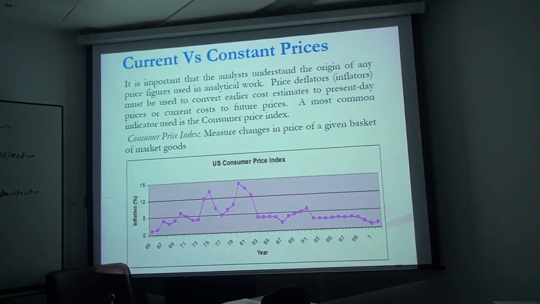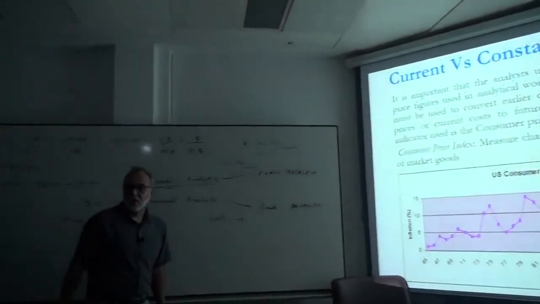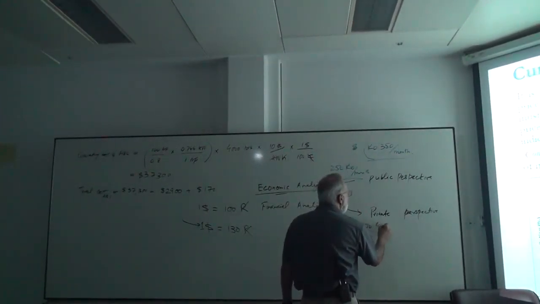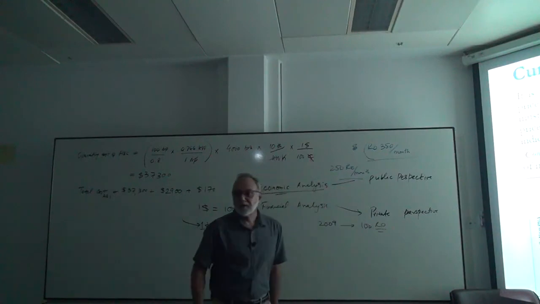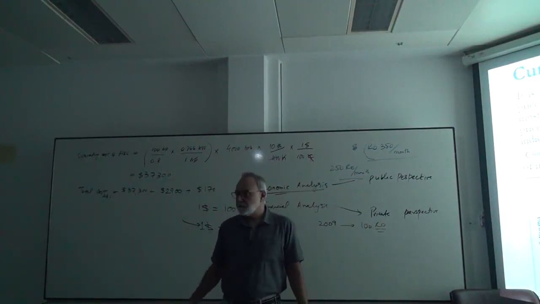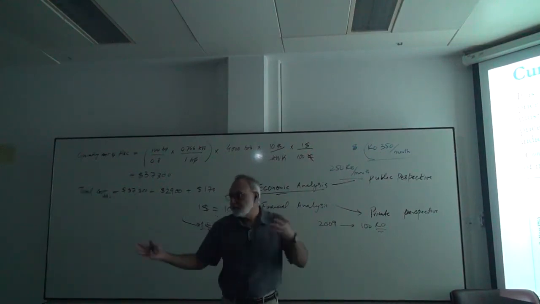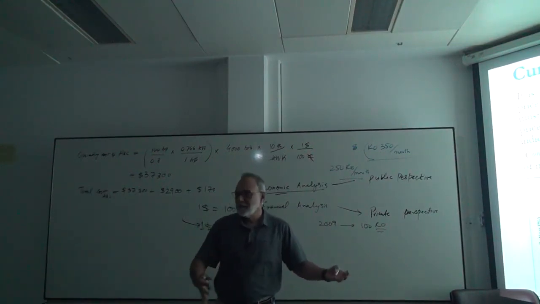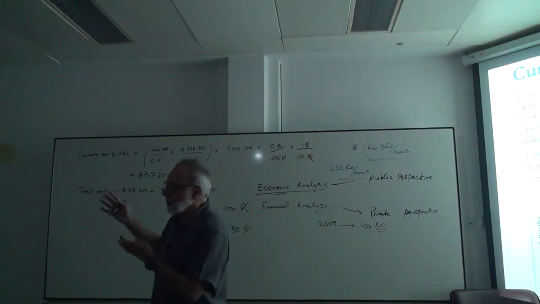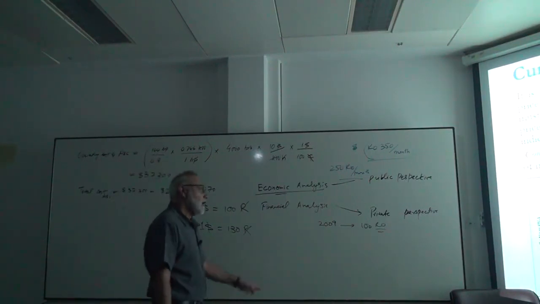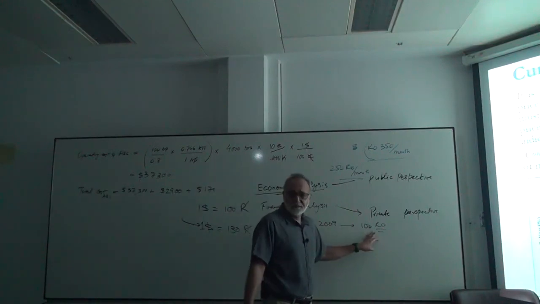For example, in 2009 you went to Carrefour to buy certain items. You had 100 reals and you bought several household things. You bought fish, you bought meat, you bought some vegetables, you bought something for the house, a vacuum cleaner perhaps, etc. And you paid 100 reals.